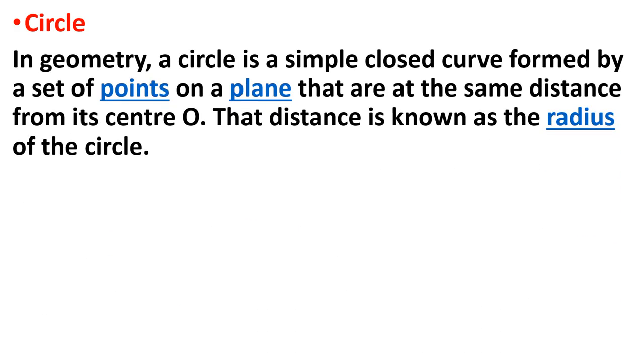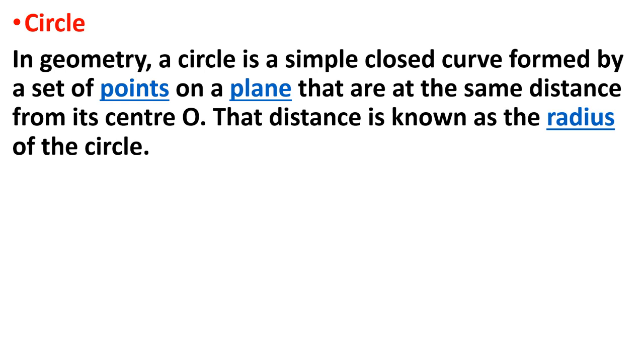In geometry, a circle is a simple closed curve formed by a set of points on a plane. It is a simple closed curve, that we all know, because it does not cross itself and its starting and ending points are the same. That's why it is closed also.